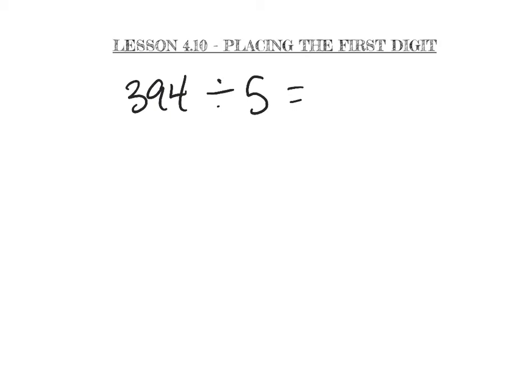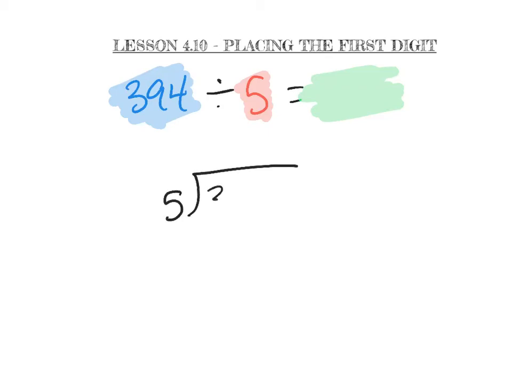I don't know why. Now remember, this is my divisor, that is my dividend, and this is going to be my quotient. And now let's flip it around, right? 5 goes into 394, and then let's shade our, right?